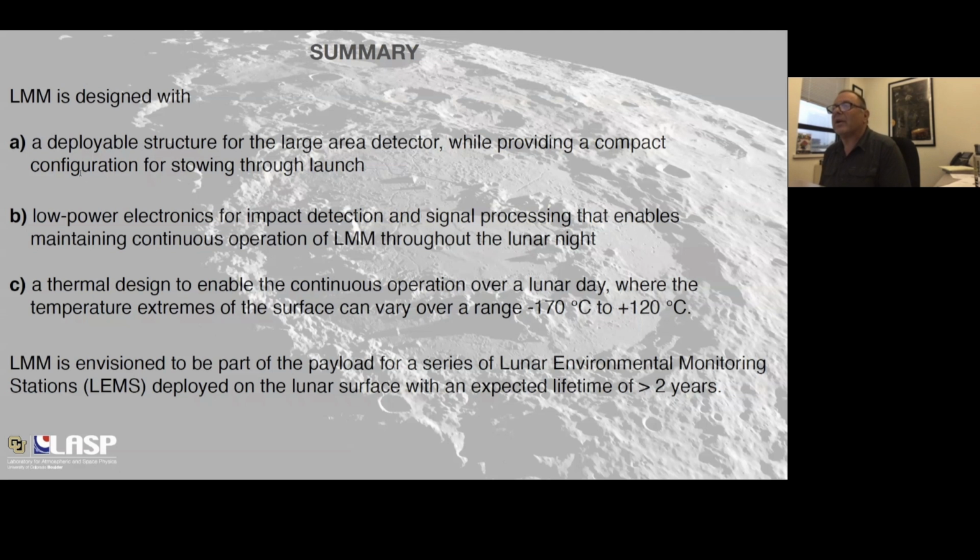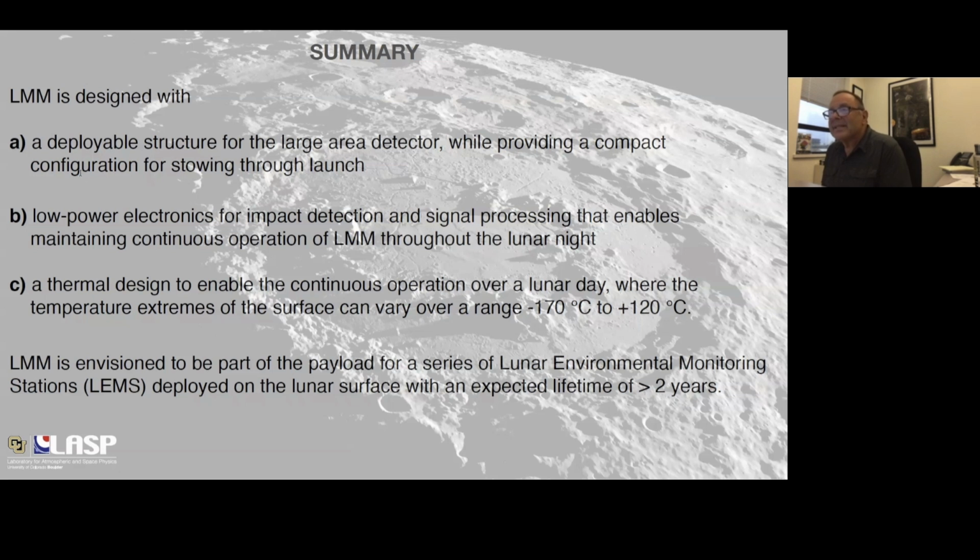You have to have very low power consumption, so you would survive the lunar night, as opposed to the difficulty of surviving the lunar day when things get very hot and you have to have good thermal control, so that these films remain permanently polarized and they can be used even when the temperature swings from minus 170 to plus 120 from night to day.